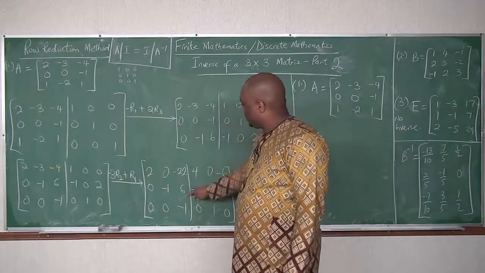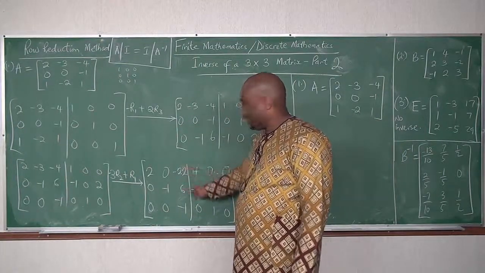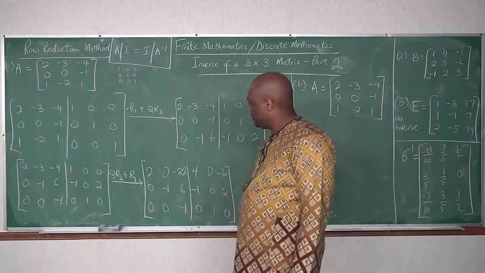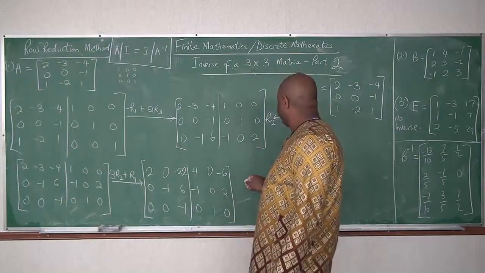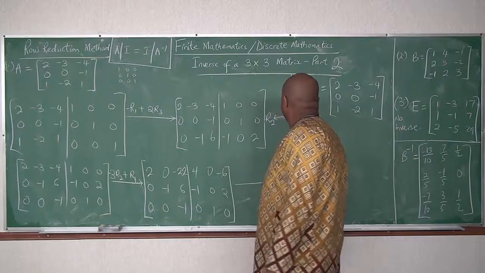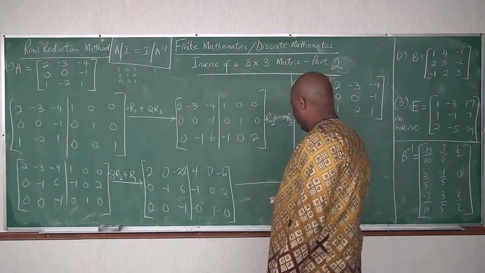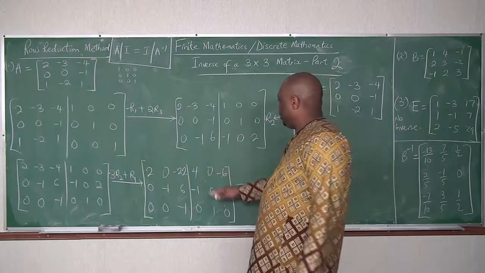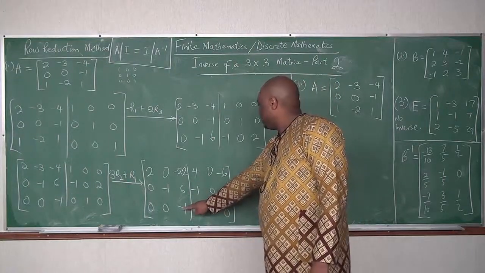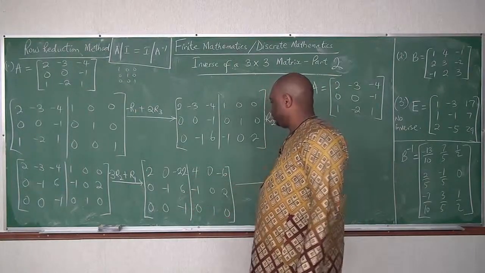That's fine. So the next step is to make these 2 guys 0. So what is the operation we use? We want to use this guy to operate on these two.